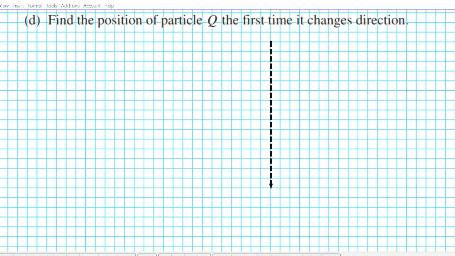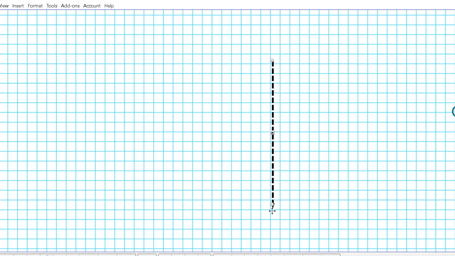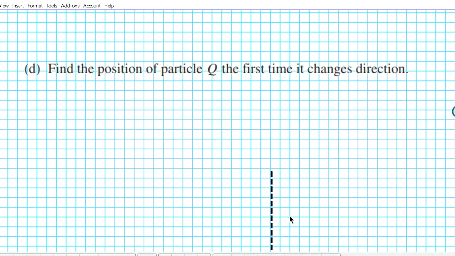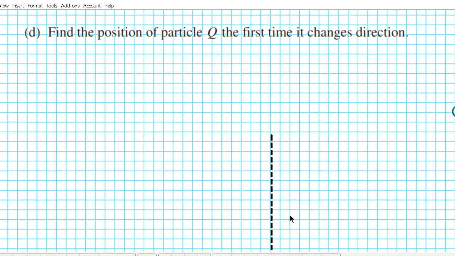All right, let's take a look at the last question. In this question, we are asked to find the position of particle Q the first time it changes direction. So let's outline our plan of attack here, how we're going to solve this problem. First things first, we need to figure out when a particle changes direction. When is the first time?